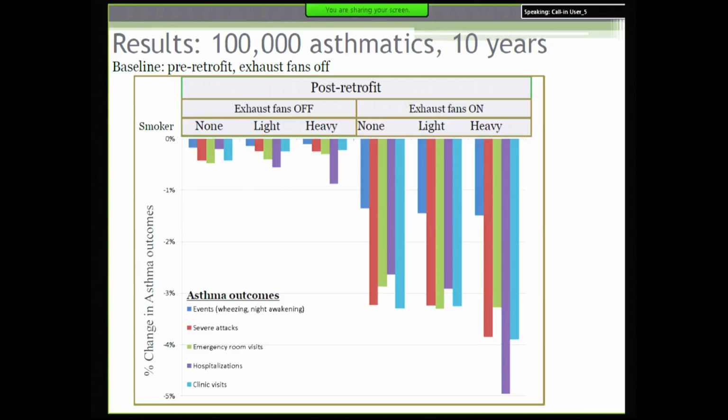Now, if you turn the exhaust fans on, and that's that second set of columns, you can see that that impact is much higher. Why? Because it's a point source exhaust fan that gets rid of NO2 and PM2.5 as it's getting generated. The other interesting thing about this is that the biggest impact is in the heavy smoking household, and that is because you're starting with a bigger baseline of pollutants and you're reducing it, so you see a bigger benefit.